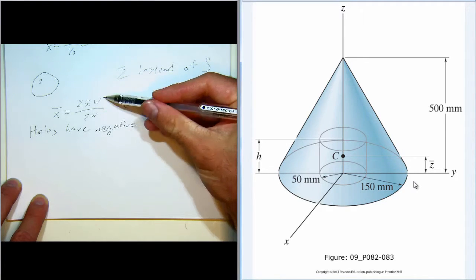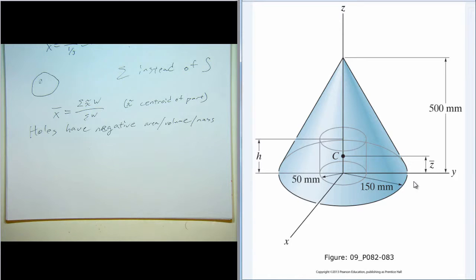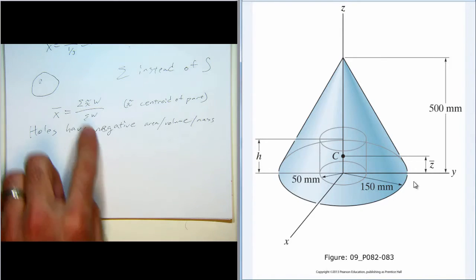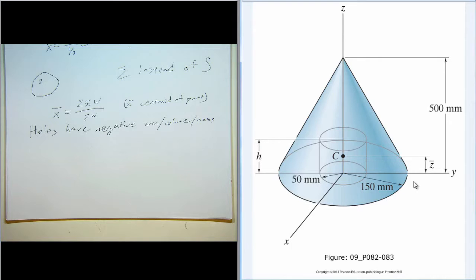So in these summations, if we have any holes in the composite piece, then those holes are in the summation but as negative values.